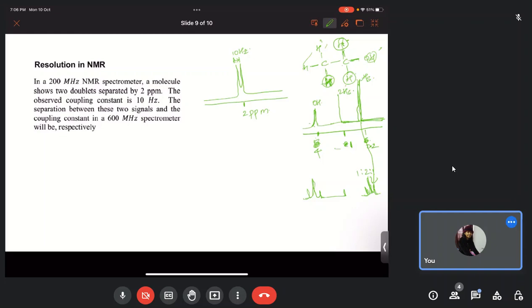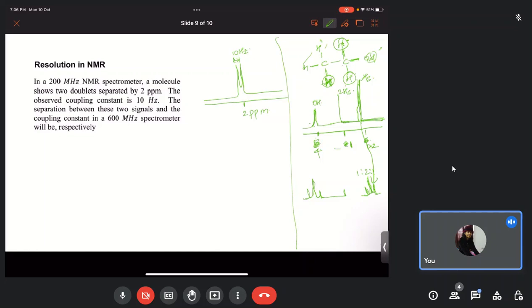This is how chemical shift and scalar coupling work for a particular spin in a compound.